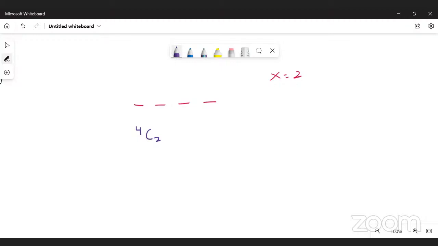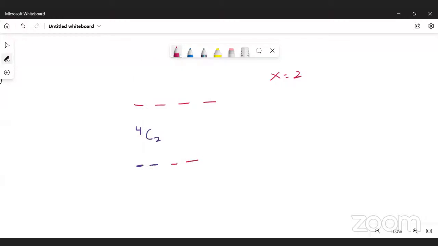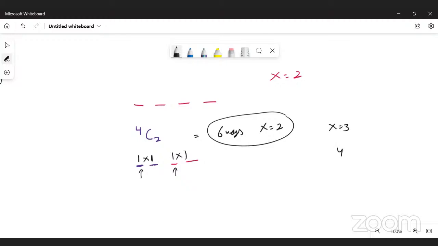So I have 2 places for head and the remaining 2 for tails. The number of ways I can fill this is only 1 because I have to fill head in those, and for the tails again 1. So 4C2 means there are 6 ways of getting x equals 2, right? Similarly, for x equals 3, you will have 4 ways.